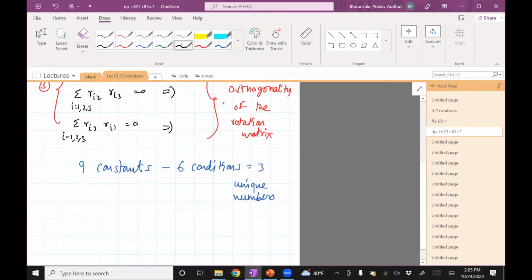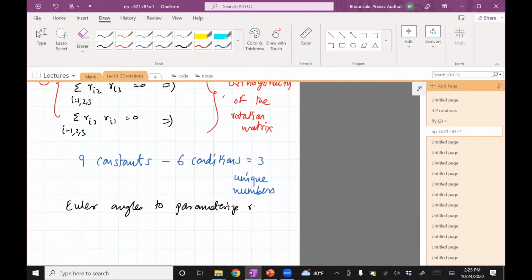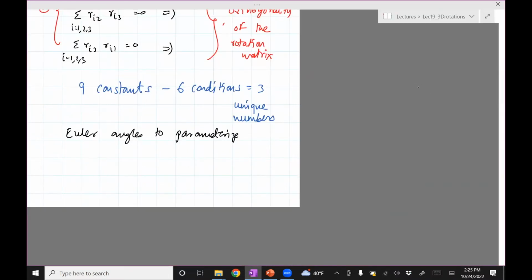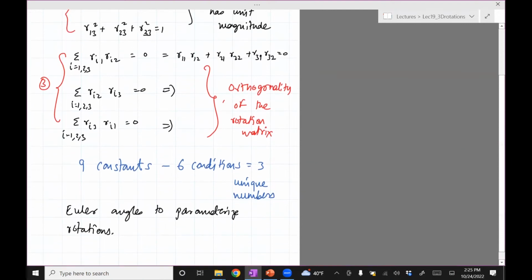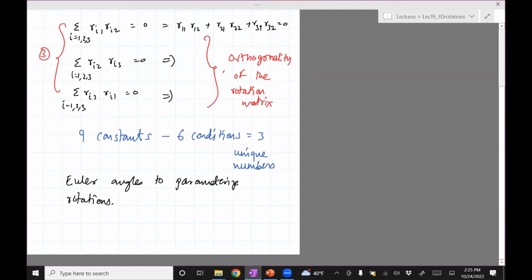Now the way people go about parameterizing rotations is through what are known as Euler angles. So we use Euler angles to parameterize rotations. So what are Euler angles? What we do is we take these rotations, I showed you rotations about X, Y, Z, and we sequence them such that we can represent any rotation of an object.